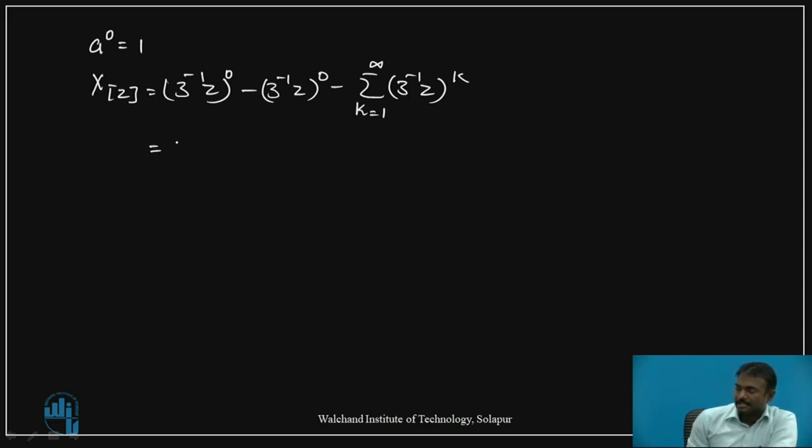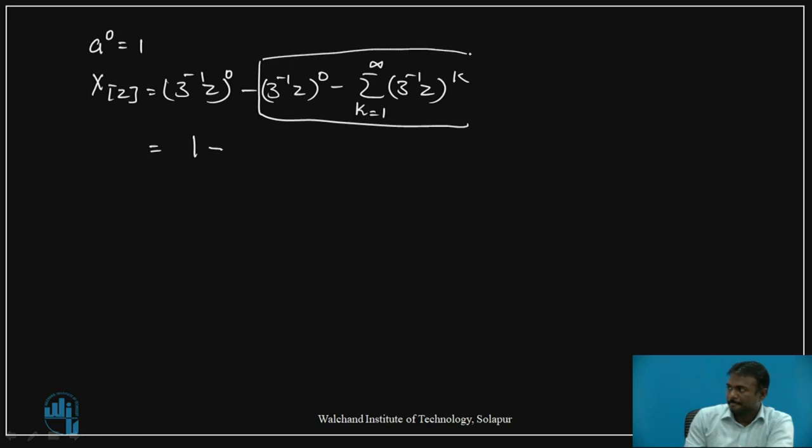We know that (3 inverse z) to the power 0 is equal to 1, so adding and subtracting 1 from this expression will not affect X(z). So this will be written as 1 minus, merging these two terms, the summation k equal to 0 to infinity of (3 inverse z) to the power k.